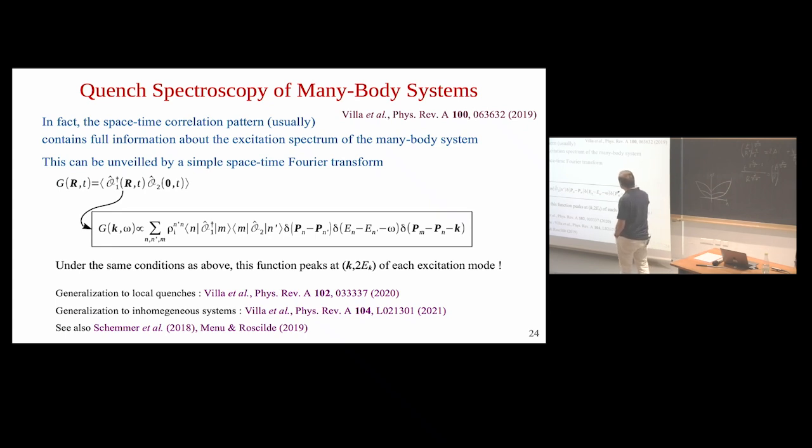One is the ground state and the other one is an excitation of the system. So I should find a peak at the excitation energy. And here I have a peak in momentum at the difference of the momenta of these states.